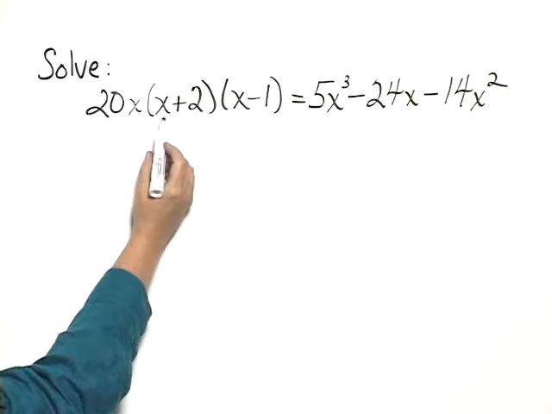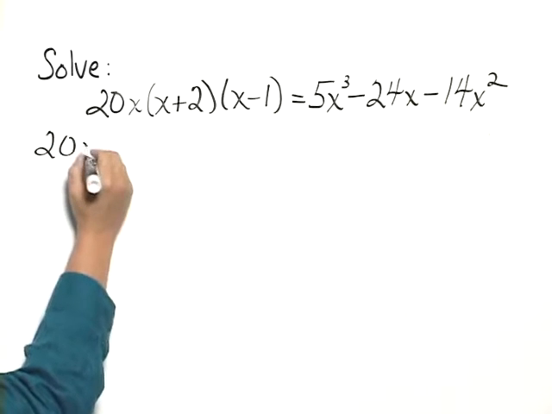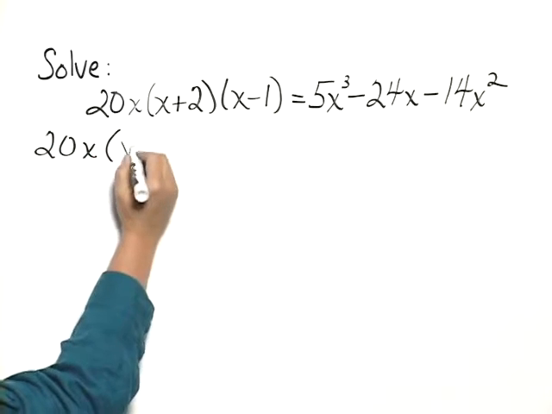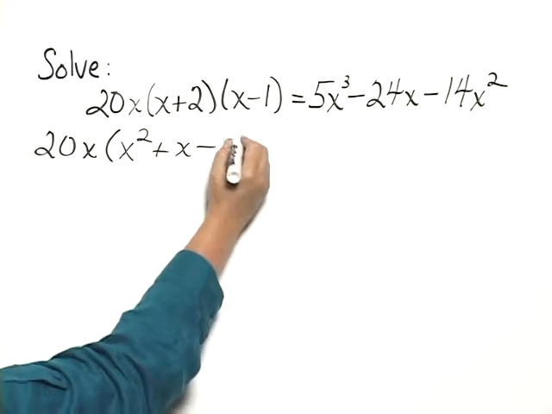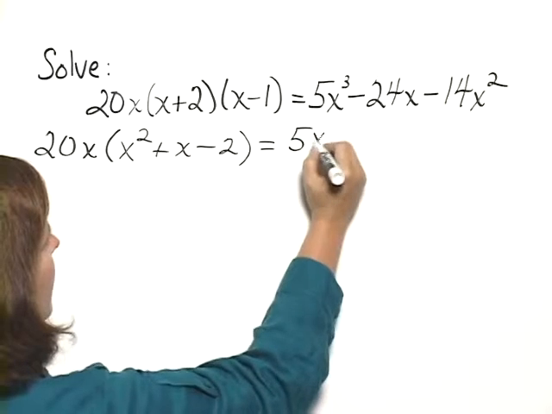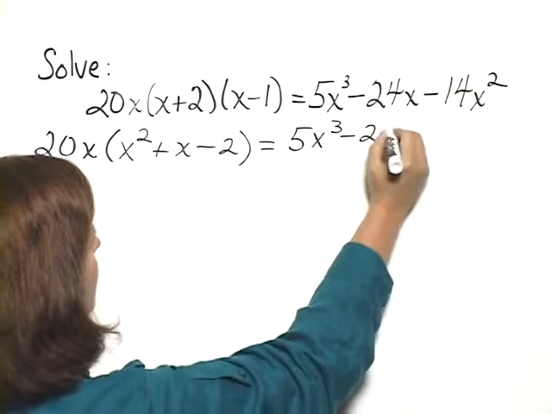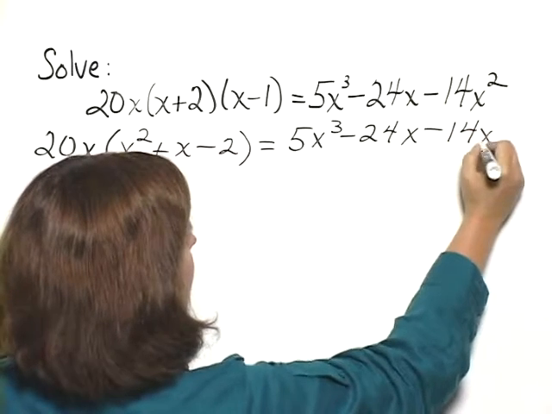I'm going to multiply first (x plus 2) times (x minus 1). That gives me 20x times (x squared plus x minus 2), and that equals 5x cubed minus 24x minus 14x squared.